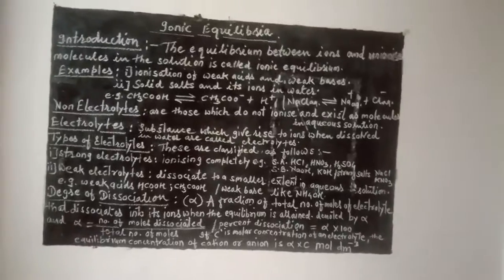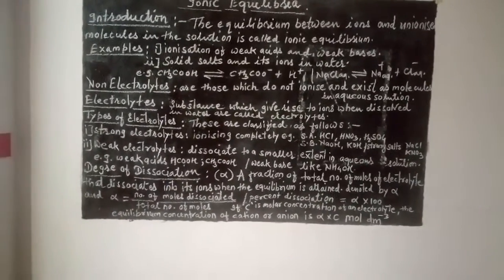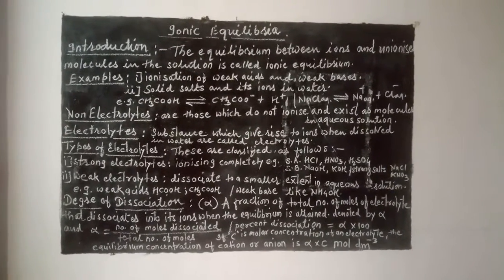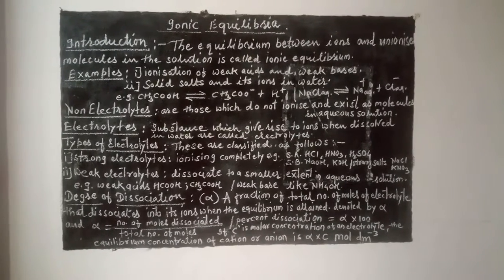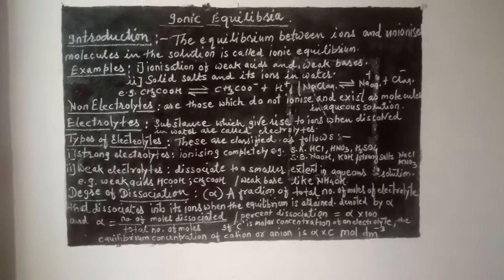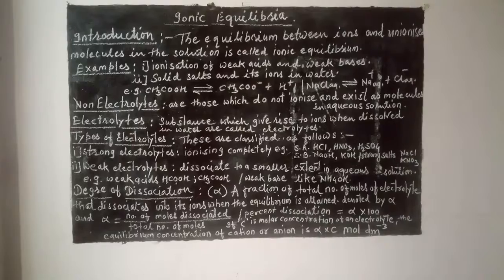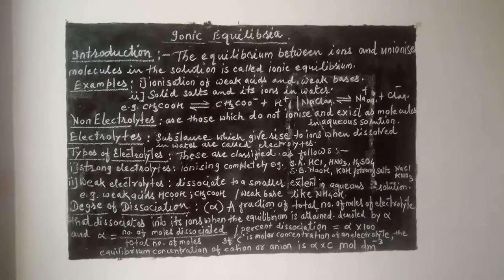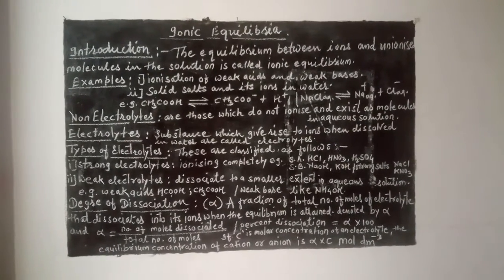I will repeat the definition again. Means any species which is weak in nature, that is an acid or base, if it is dissolved in water, then it will form ions. At the same time, a few of the unionized molecules also remain over there.